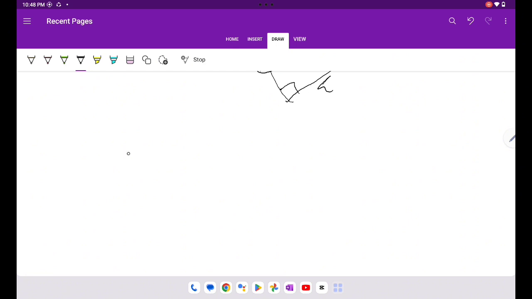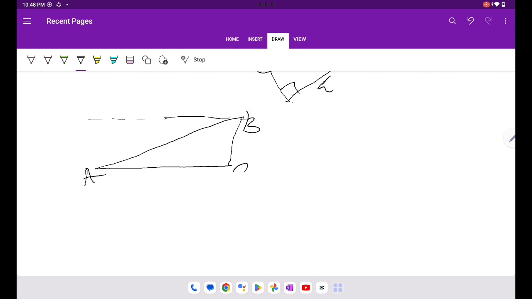if two triangles share a base and they are under the same parallel lines, so let's say this line is parallel to this line, and we have a triangle. We say the triangle is ABC, and we have another one, maybe ACD.